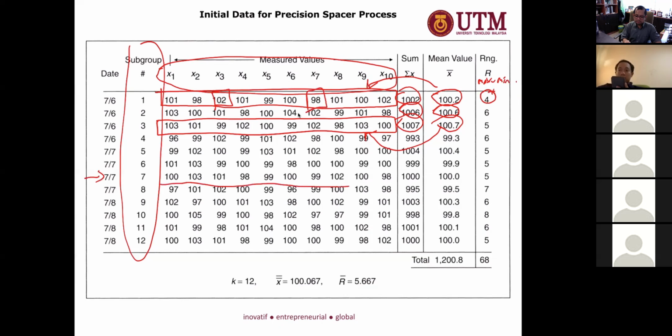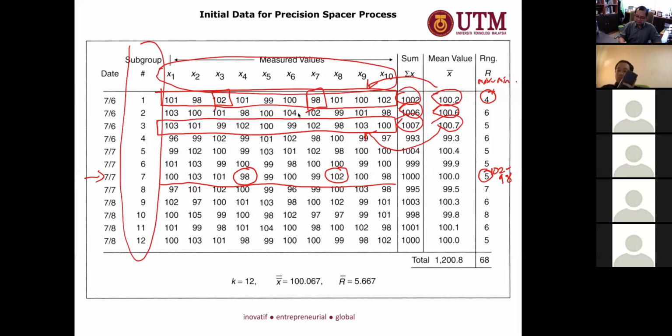For this one, the highest is 102, the lowest 98. So that 102 minus 98 is equal to 5. That's the range.